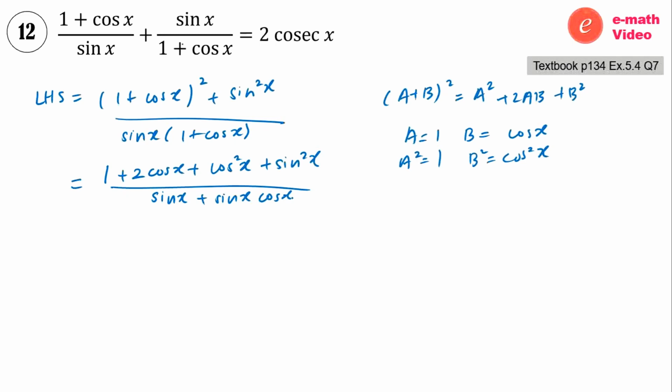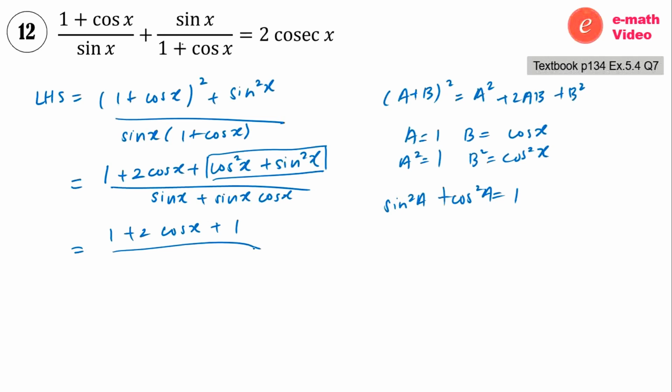Okay, as you can see for this part here, it's our friend, right? Sin square x plus cos square x equals to 1. So equals 1 plus 2 cos x plus 1 over, sin x times 1 plus cos x. Don't expand.